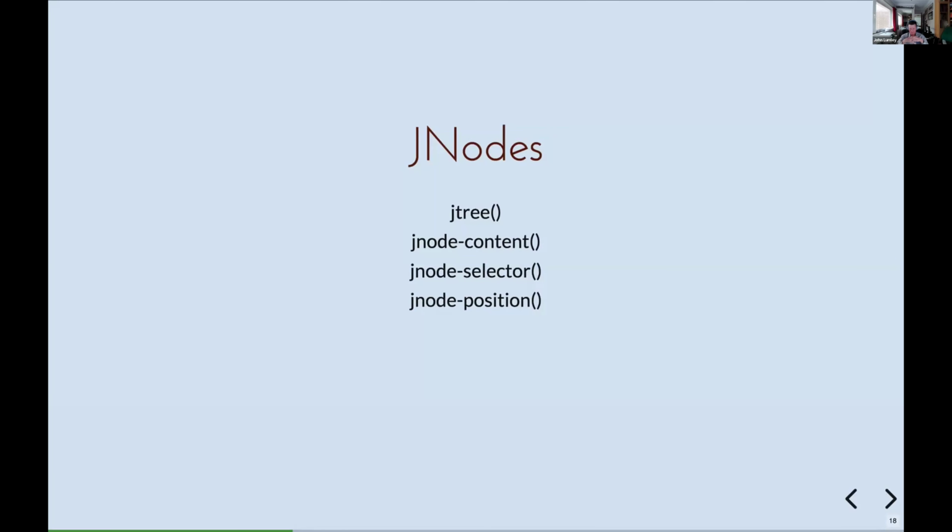Please keep in mind that, as John already showed, most of the things are now in a relatively stable state, but this is what we're currently working on actively. So JNode selector does what you would expect. You get the selector back, and JNode position as well. If you need those, they are there, and there are use cases for you to call them as well.